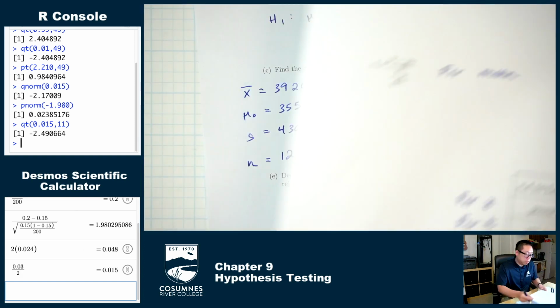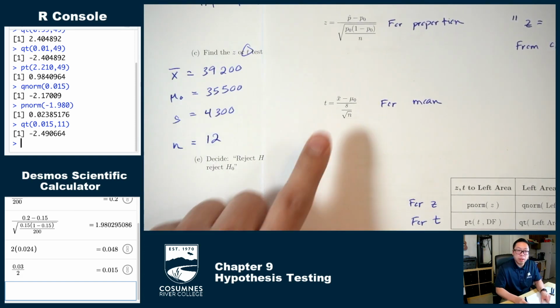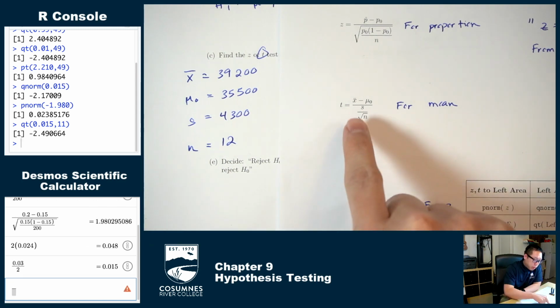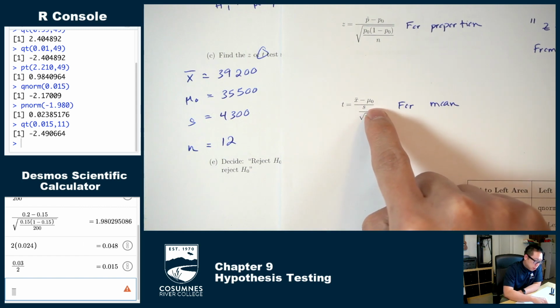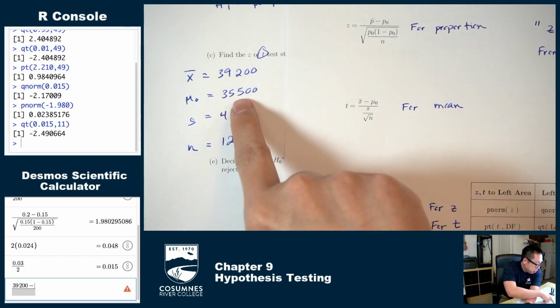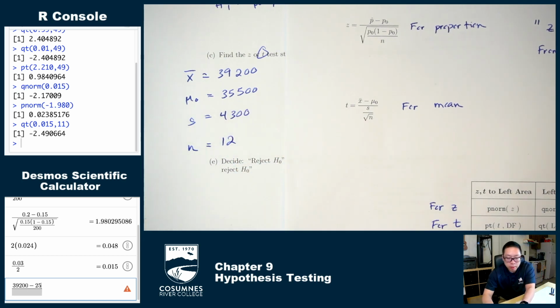Plug everything into the t formula. So in Desmos, I'll start with a fraction. Up top, x bar minus mu 0, that's going to be 39,200 minus 35,500. On the bottom, another fraction.